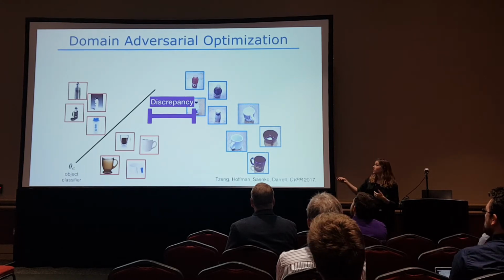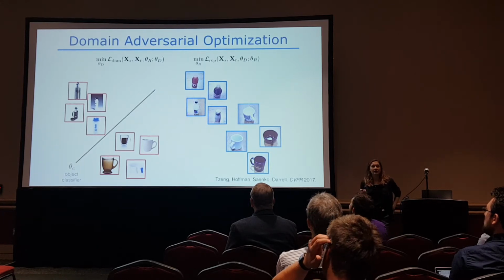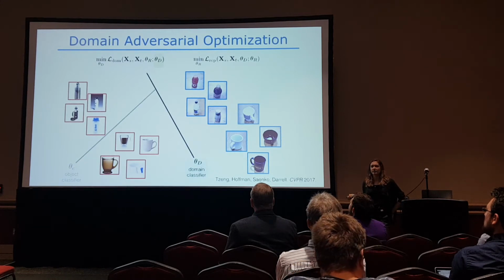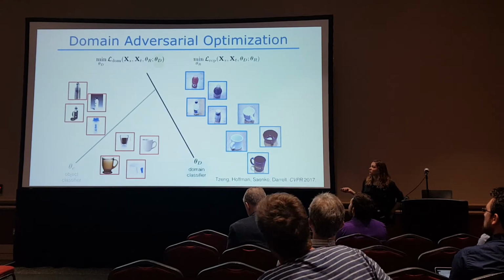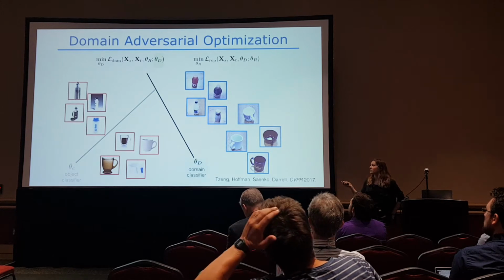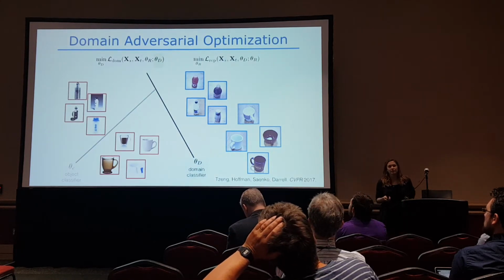then we know that the target error is upper bounded by a larger quantity. And so we'd like to minimize this discrepancy. The way we're going to do that is we're going to iterate between estimating it by training a classifier to be able to distinguish between these product-like images and the real-world images of the products.